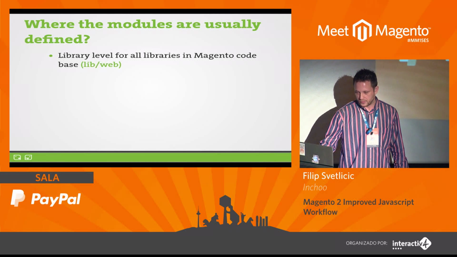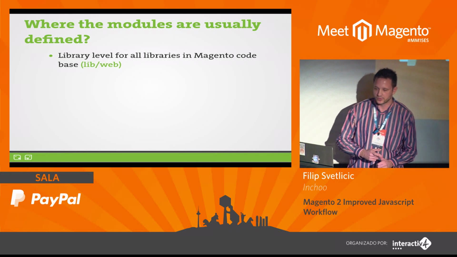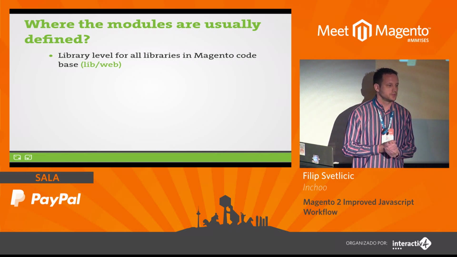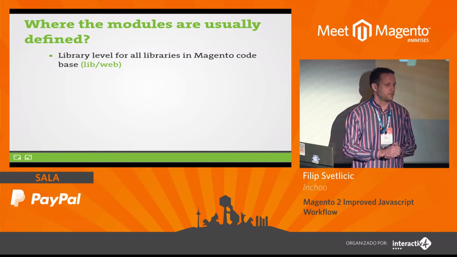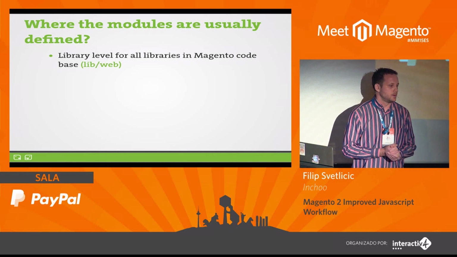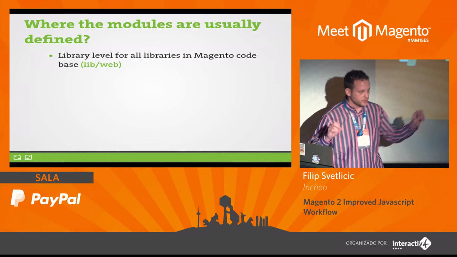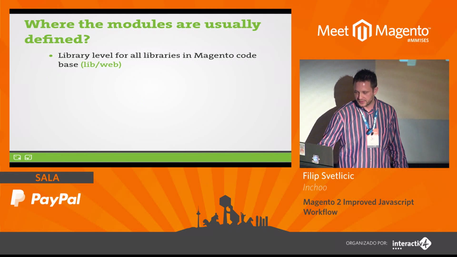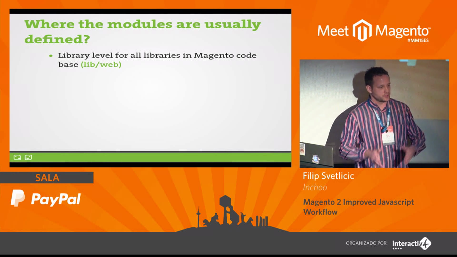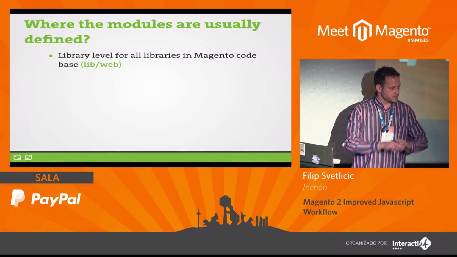Modules are usually defined in Magento 2 on the library level, so you already know the vendor, the JS folder, prototype, widgets. This is exactly the library level where all the jQuery and Mage widgets, JavaScript components are placed. This is the base level.